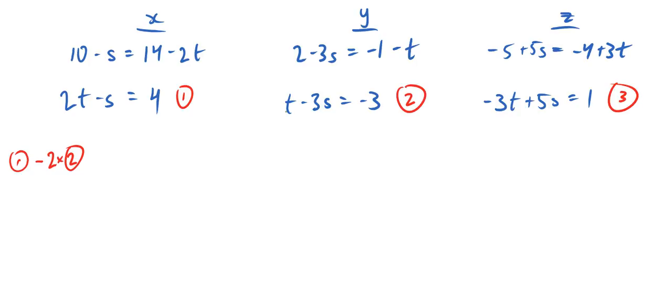Negative s minus 2 times -3s is minus -6s, which is plus 6s, so this should be 5s. And then 4 minus -6, 4 plus 6 is 10.